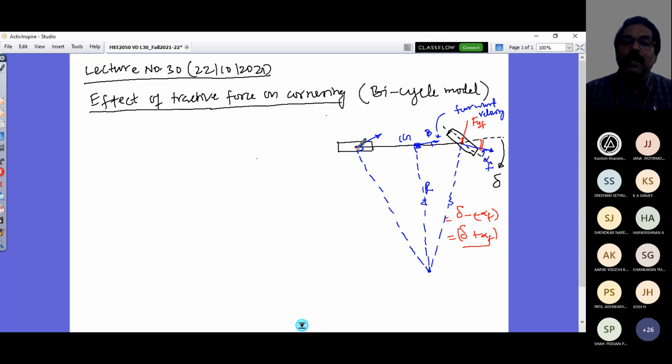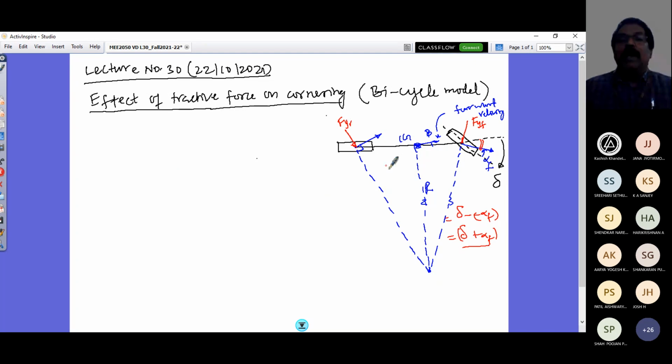And you would have here another force. Earlier, we took all of these parallel to vertical because of those small angles. But I'm taking it exactly: if this is the direction of velocity, this would be the direction of this force, Fy R. So these are the lateral forces in the tire.